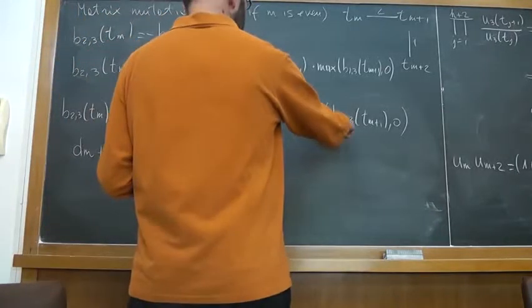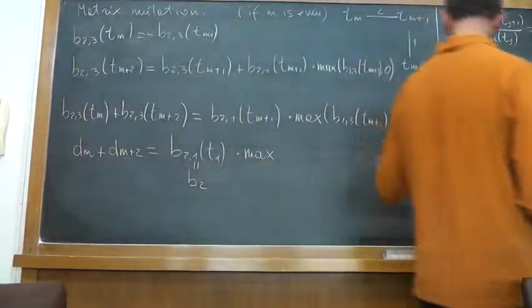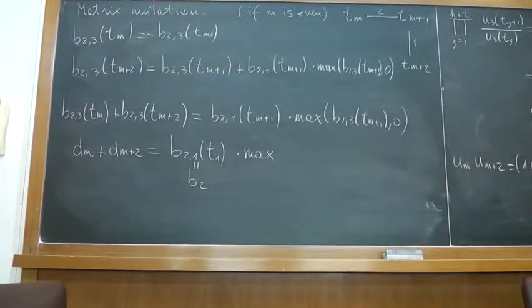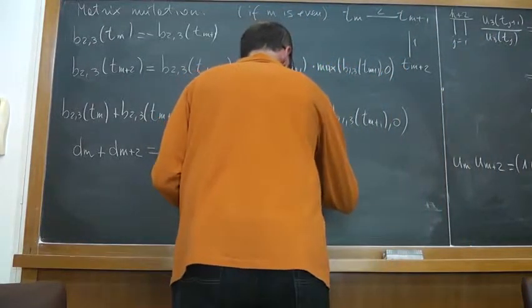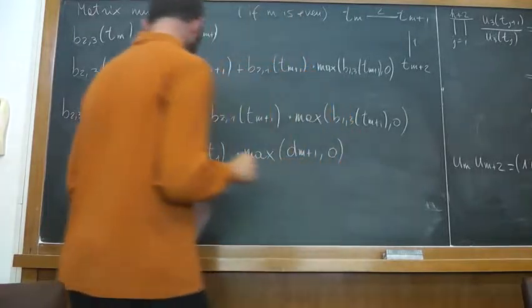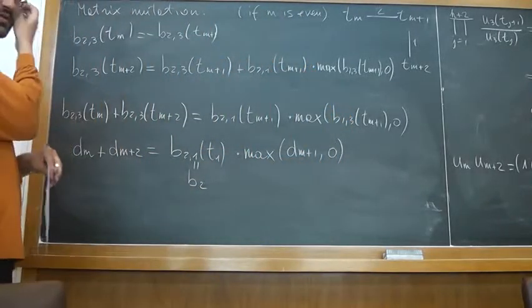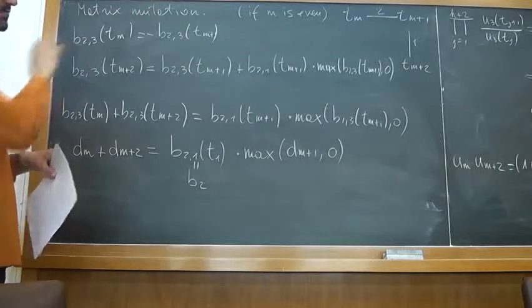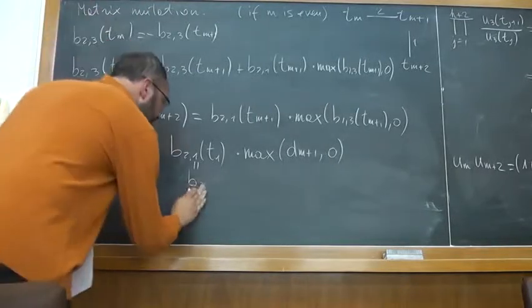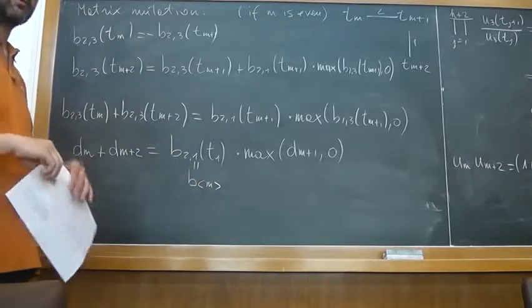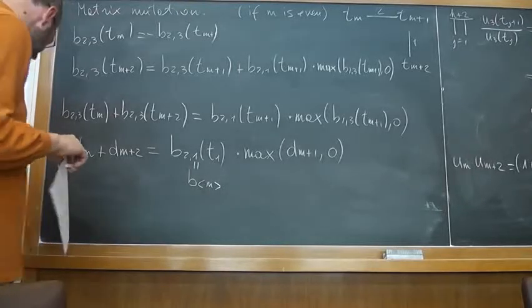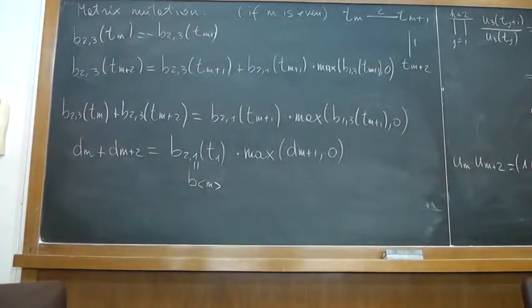Times the maximum of B13 of Tm plus 1; here m plus 1 is odd, so this is Dm plus 1. So if m is odd instead of even, we can do the same sort of computation, and we obtain B1 instead of B2, and so the formula becomes just this. Okay?